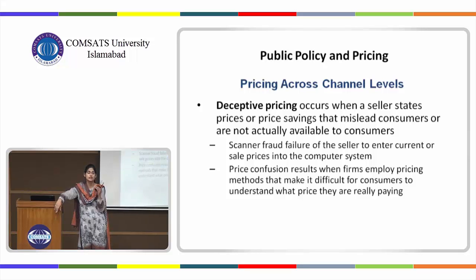So if the product was rupees 5 and the price has been reduced to rupees 3, that 2 rupees reduction has not been entered into the system, and every time the cashier bills the product, the system would read it as rupees 5, and the customer would not end up getting the benefit. That is the first way of deceptive pricing.